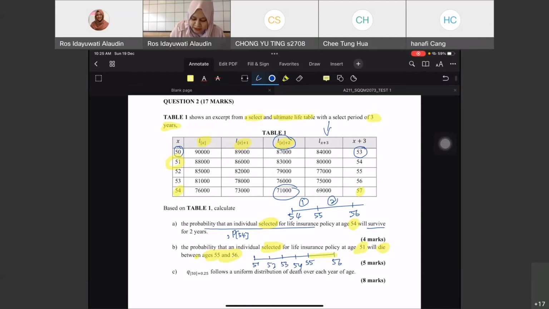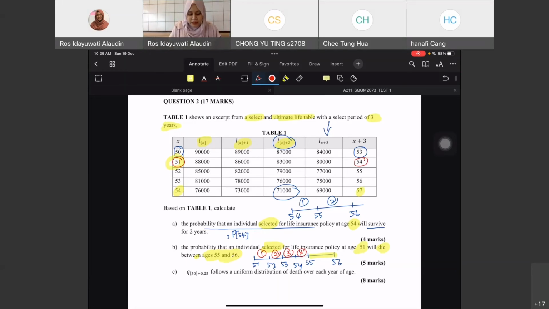So how many years do we have here? 1, 2, 3, 4. So 4 years before the period that we are interested in is already out of the select life table. So here now he is 51. At 55, he will have started to join the ultimate life table at age 54, meaning that at age 55 and 56, he is already in the ultimate life table.